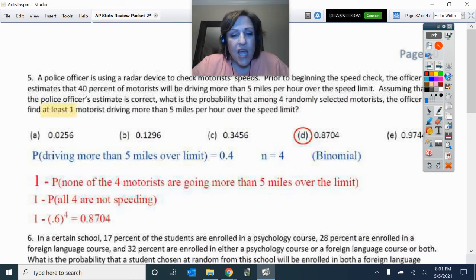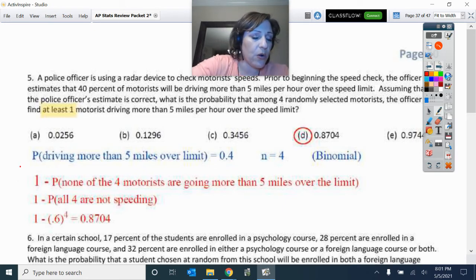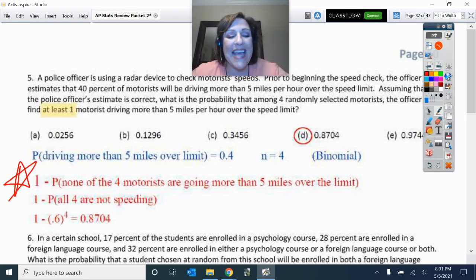Number 5. So I see we have this probability of at least 1. So remember, there's lots of different ways that this can happen. So the probability of at least 1 is right here, 1 minus the probability that none of those 4 motorists are going over 5 miles over the speed limit.